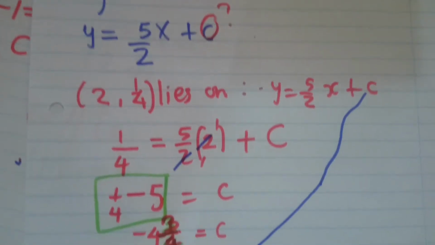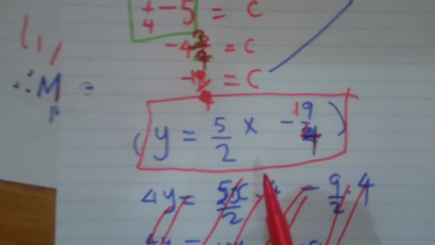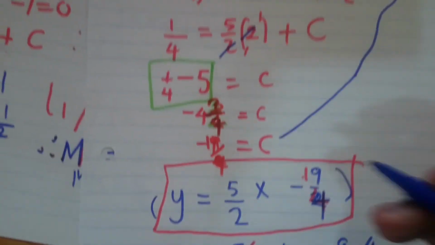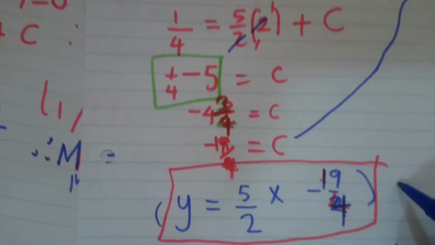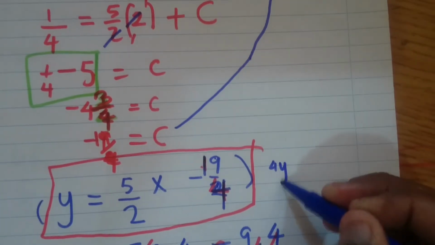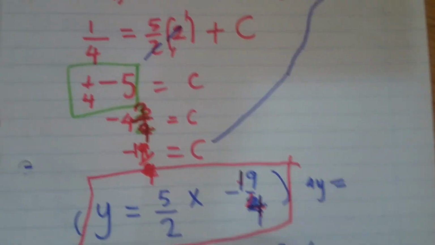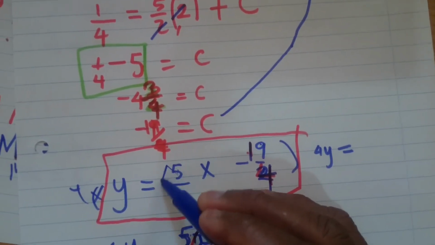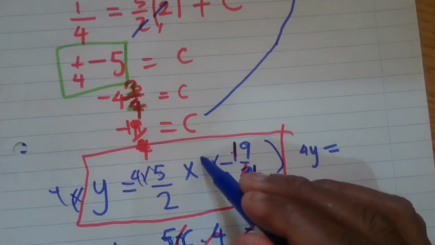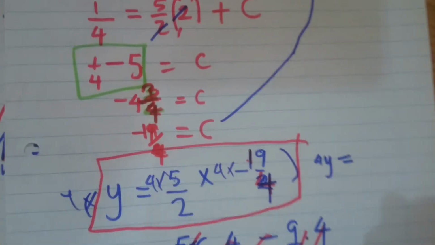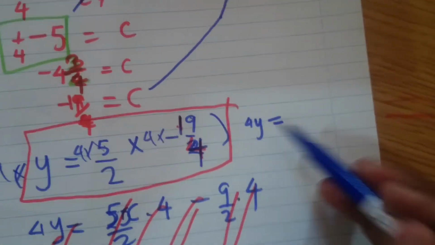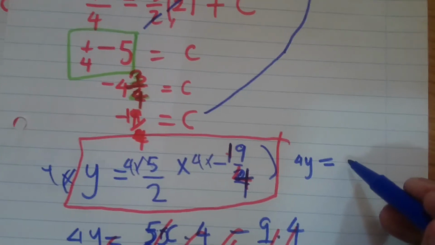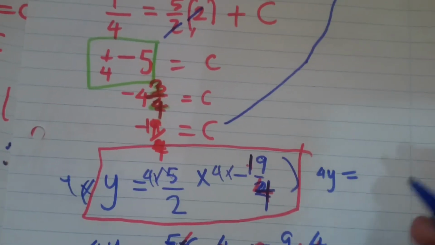So now we have y equals 10/4 x minus 19/4. I'm going to multiply by 4 throughout. So this is going to be 4y equal to, multiply by 4, 10x, because it's going to be 20 over 2, which is 10.